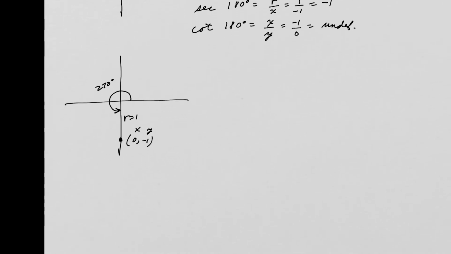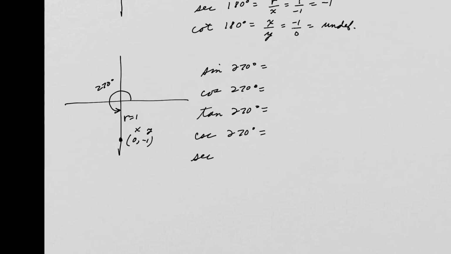So now if I do sine of 270, cosine of 270, tan of 270, cosecant of 270, secant of 270, and then cotangent of 270.